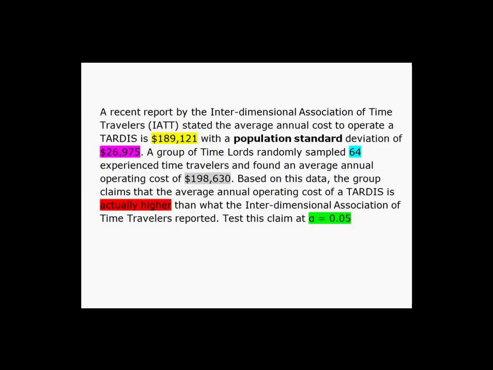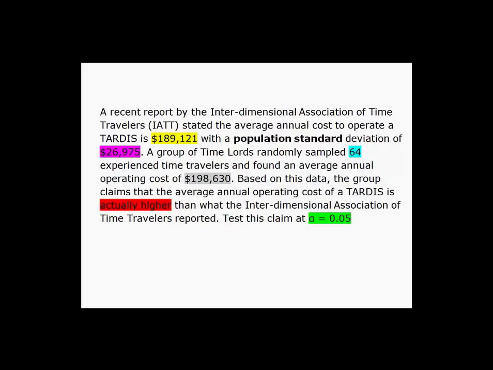Alright, so what I've done is I've got this problem where we have a report by the Interdimensional Association of Time Travelers. They have stated that the average annual cost to operate a TARDIS is $189,121. We have a population standard deviation of 26,975. So we have a group of Time Lords who randomly sampled 64 experienced time travelers.